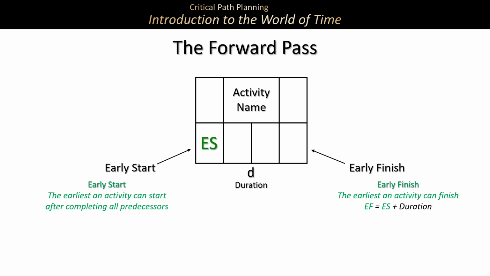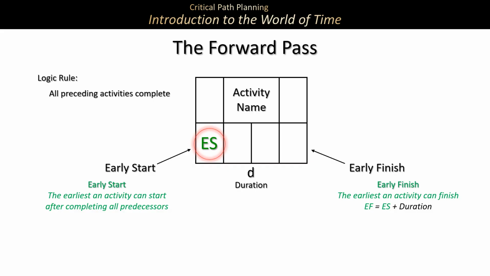To begin the forward pass, we're going to start with finding out the earliest an activity can begin. And in order to do that, we have to apply the logic rules of networking. So for the early start, the logic rule is that all preceding activities must be completed before the activity can start.